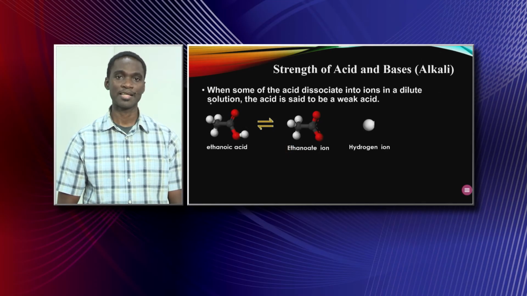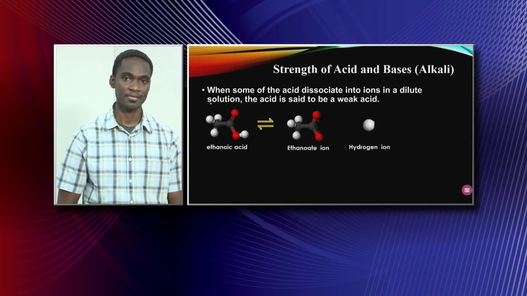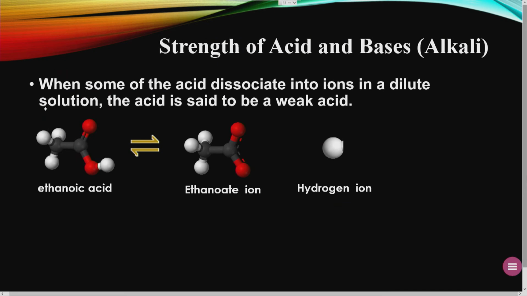When some of the acid dissociates into ions in a dilute solution, the acid is said to be a weak acid. Here we have the ethanoic acid going to give us ethanoate ion and hydrogen ion. Notice that the reversible sign indicates that there are both ethanoic acid and the ethanoate ion and hydrogen ion present in the mixture.